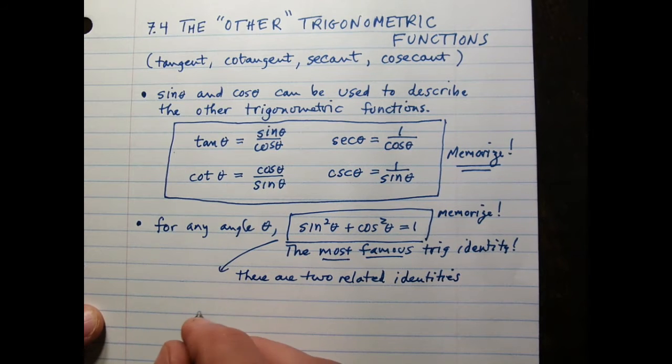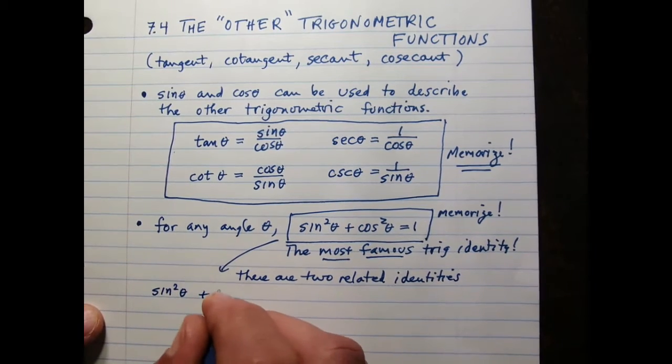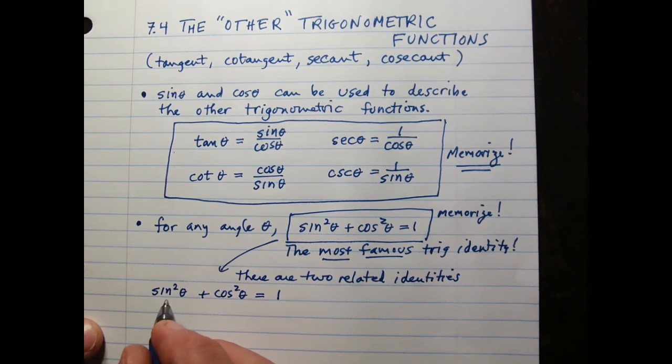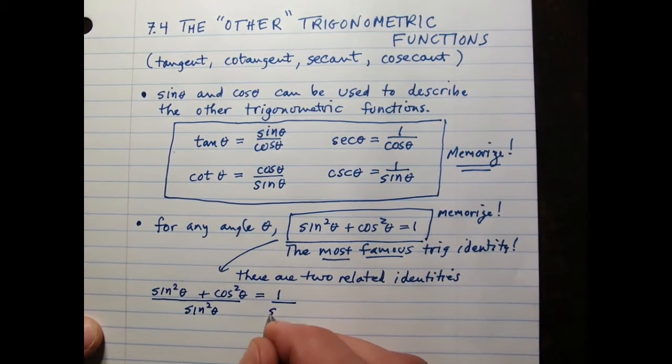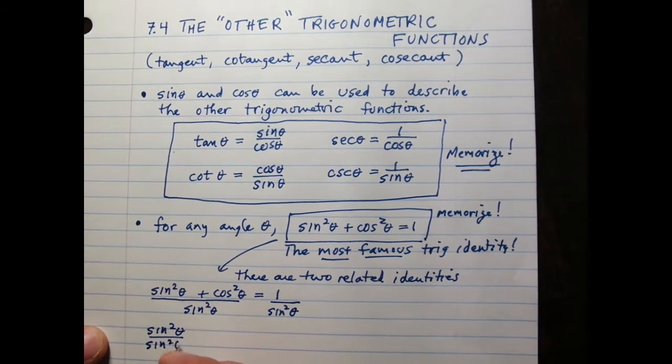What we're going to do is start with sine squared theta plus cosine squared theta equals 1, and divide both sides by the same thing. First, I'm going to divide both sides by sine squared theta. It's not too hard to see how this can be rewritten. I'm going to take this sum apart as 2 separate fractions.